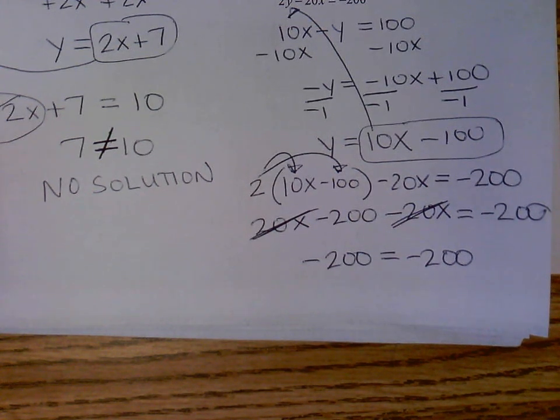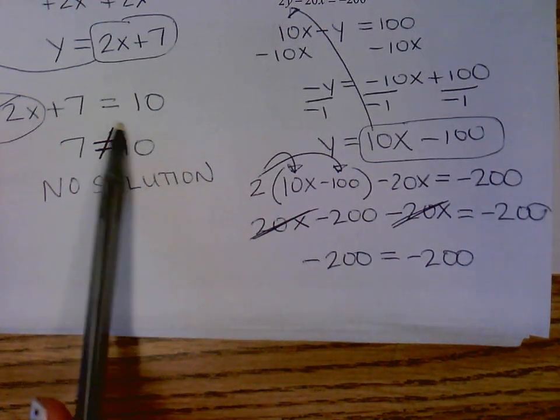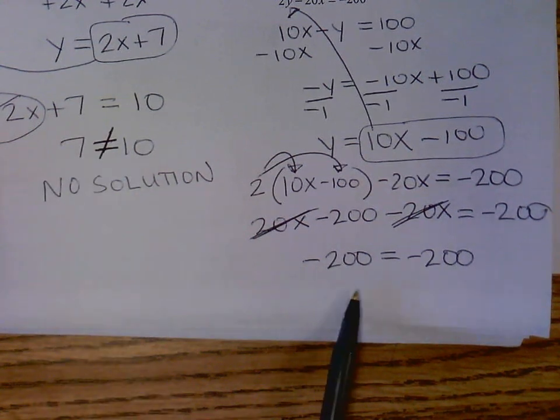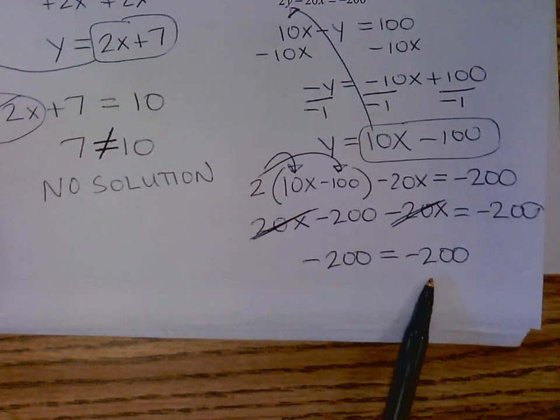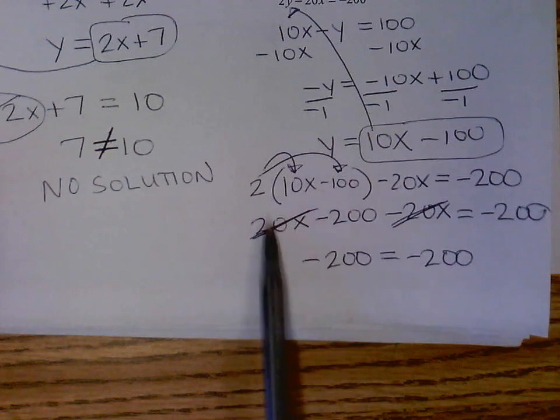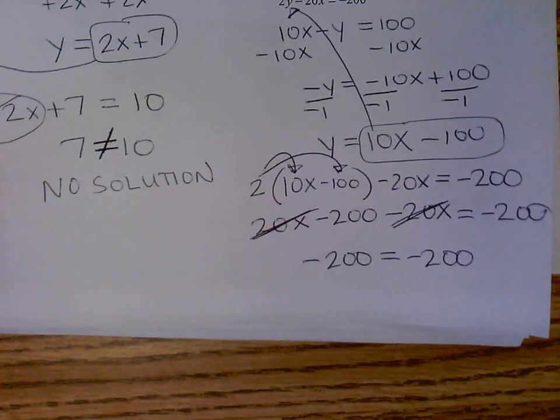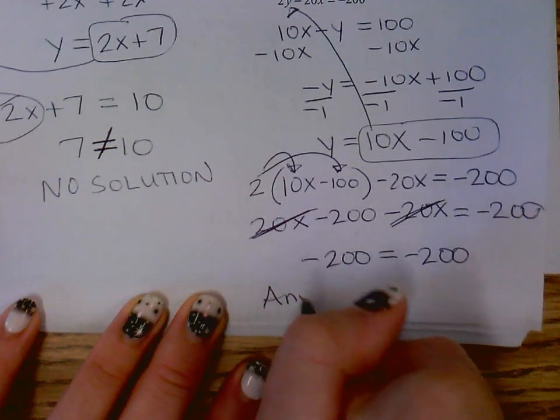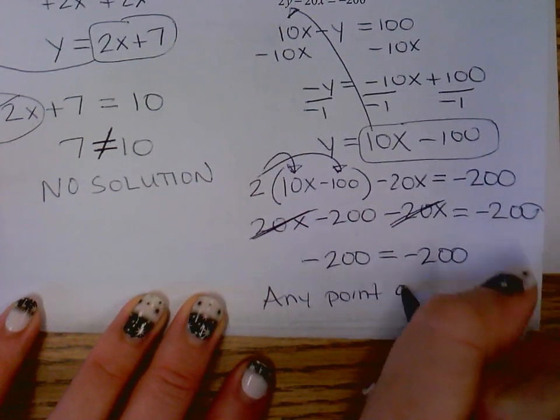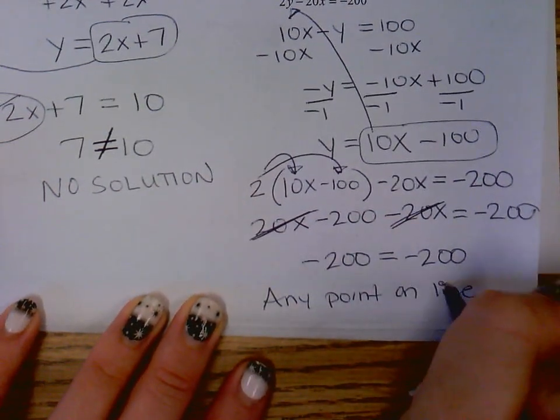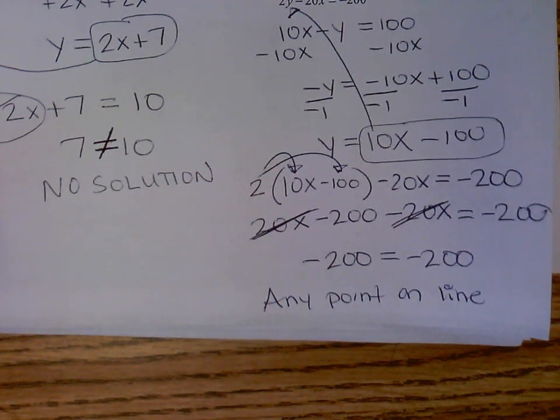Over here I said no solution because 7 couldn't equal 10. Does negative 200 always equal negative 200? So this is that other situation where it actually is the same line on top of itself. So it's any point on the line. Many solutions. Every single point on the line is a good one.